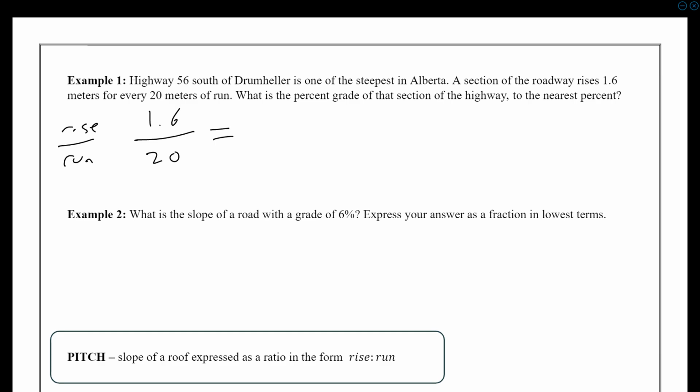We go 1.6 divided by 20, and that's 0.08. Then to find the percent grade, we times 100, which is 8%.